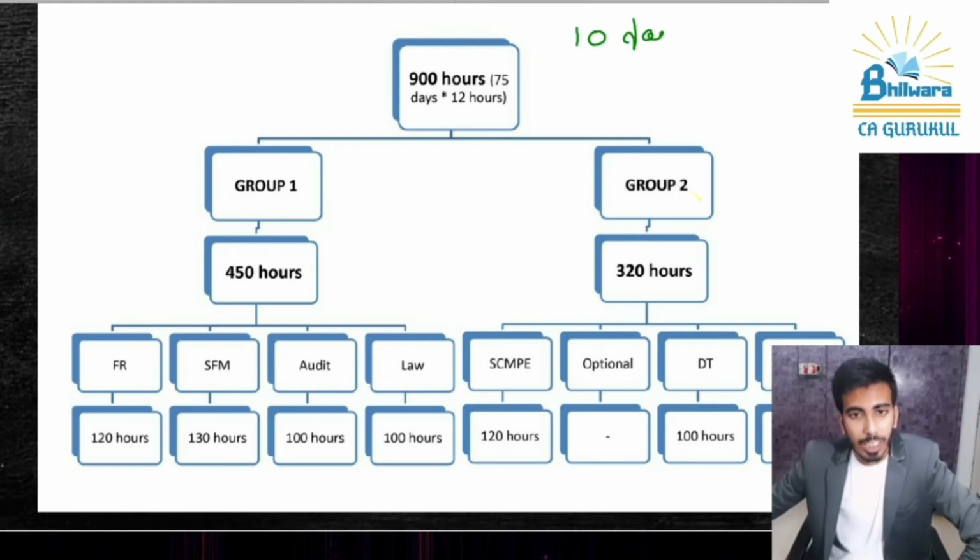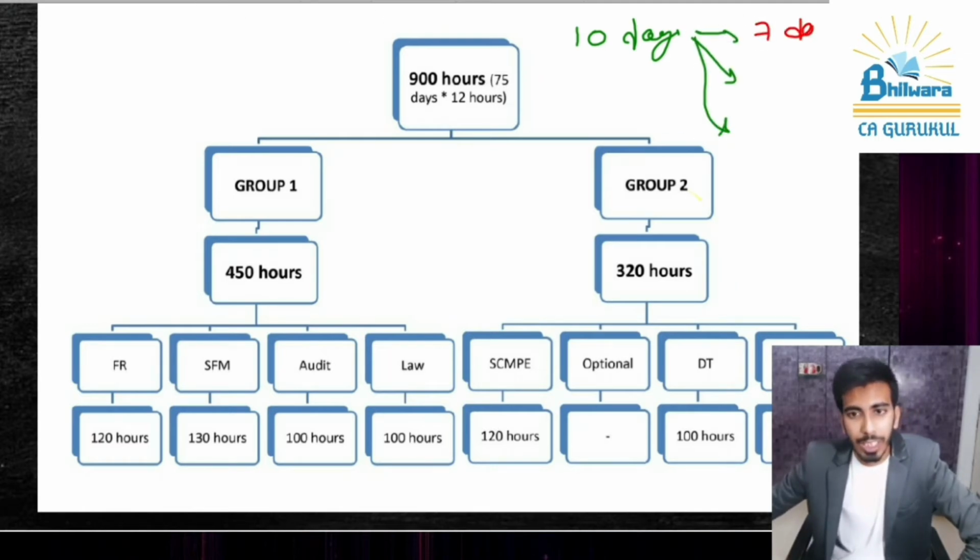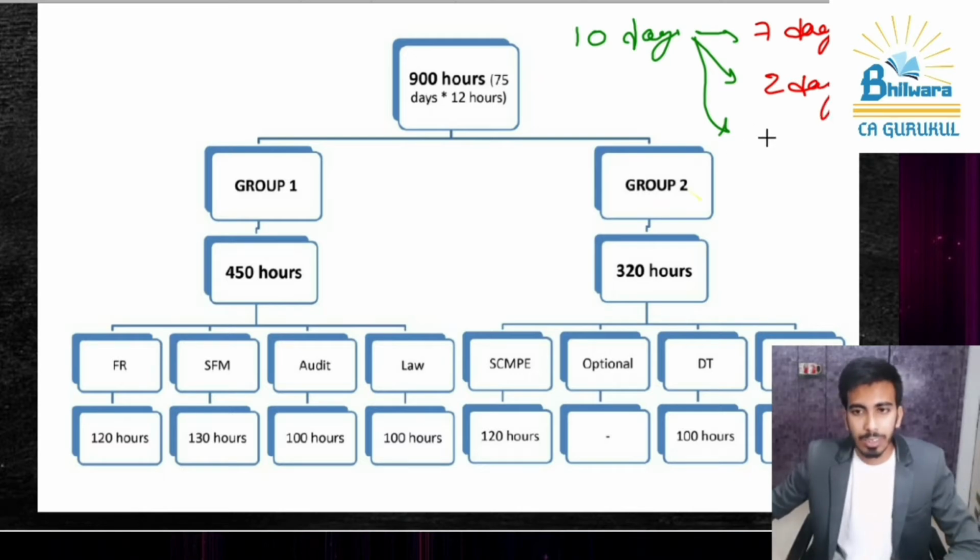The 10 days you have to bifurcate into 3 parts. It is around 7 days for first study, then 2 days for first revision, and 1 day for second revision. Okay, so this way 10 days you have to allocate.